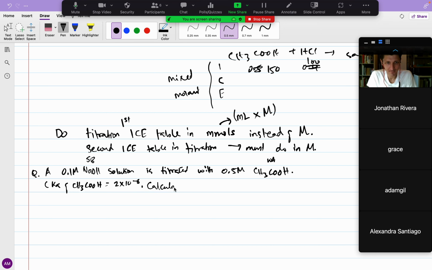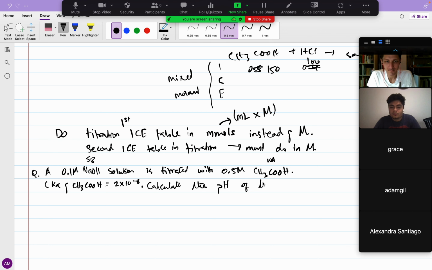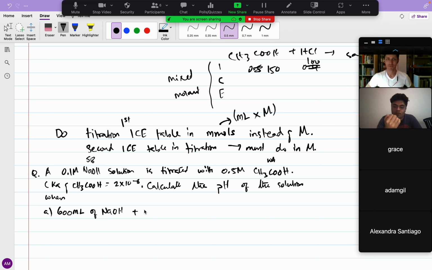Calculate the pH of the solution when, part A, let's see, 600 milliliters of NaOH is titrated with 100 milliliters of CH3COOH.